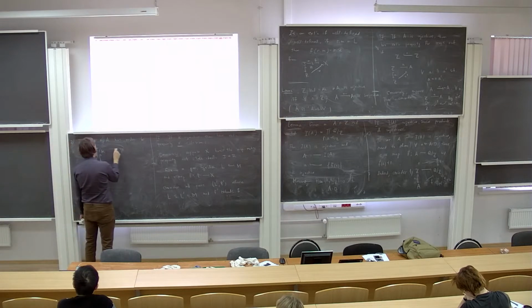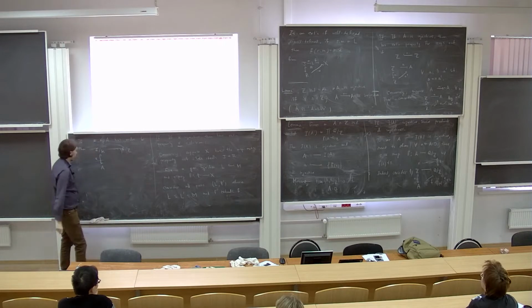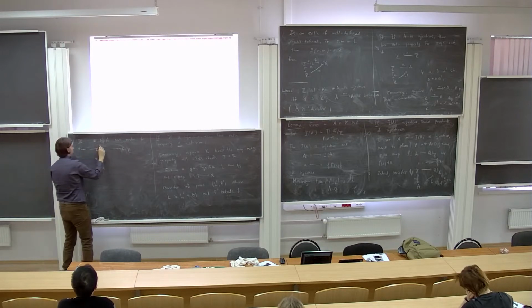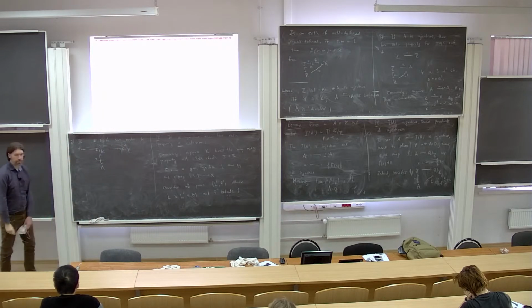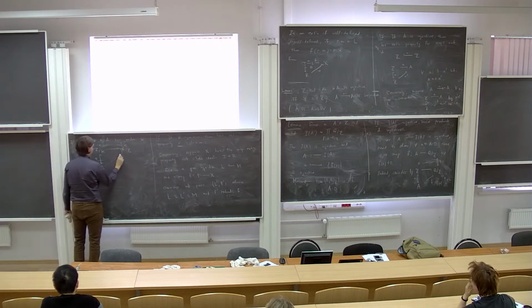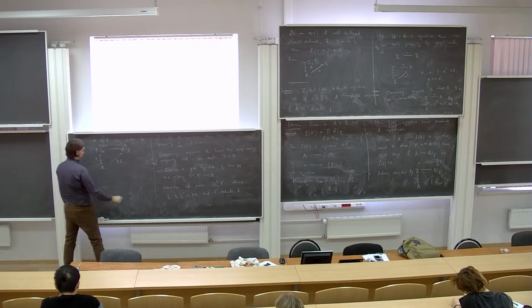And then I need to define a non-zero map here. And here I could just let 1 go to, for instance, 1 over k. And then there's an extension, which sends f of a to 1 over k.